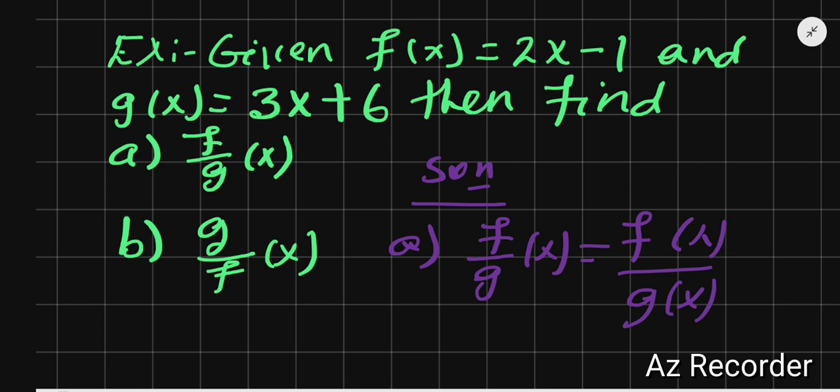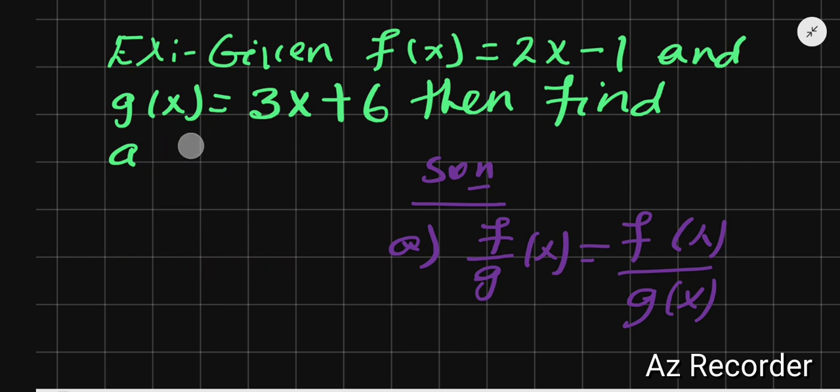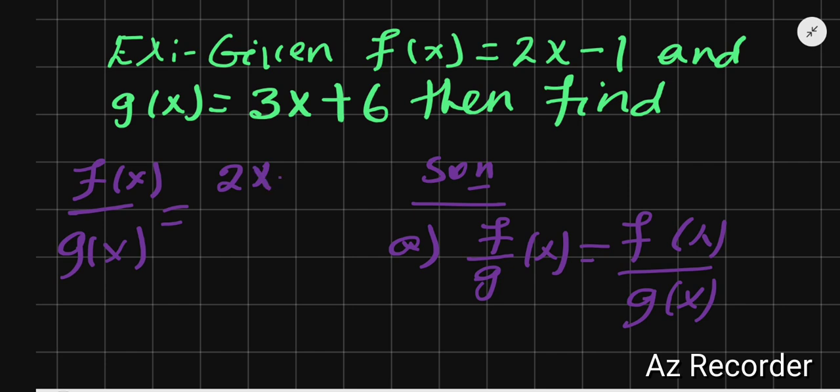Okay, let me clear the question and use this part. From this you can take that we have f of x over g of x. Then f of x is 2x minus 1 over g of x, 3x plus 6.